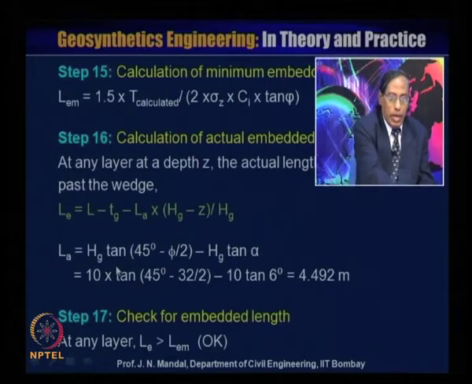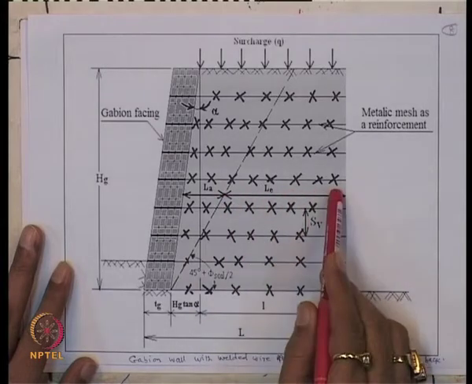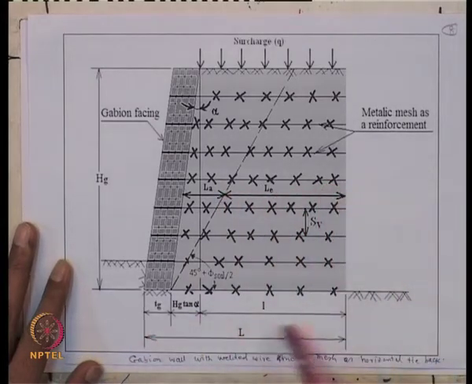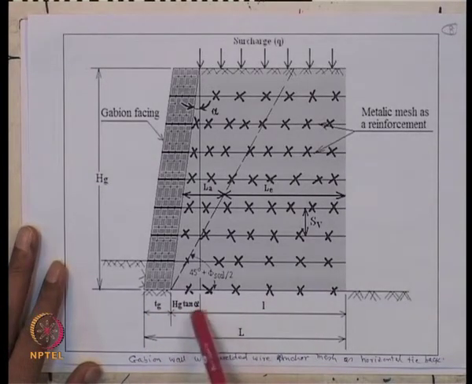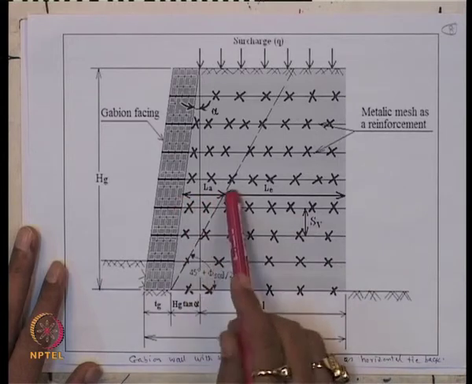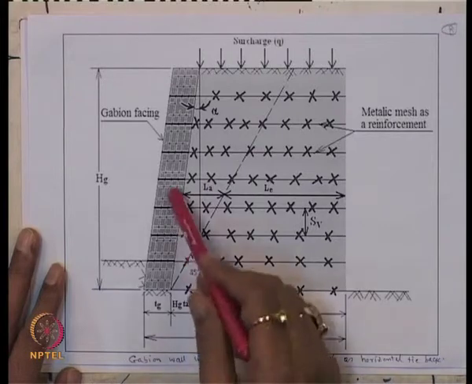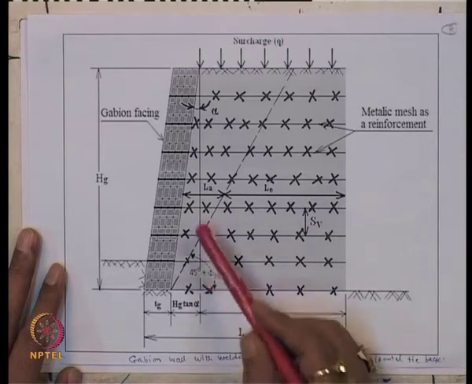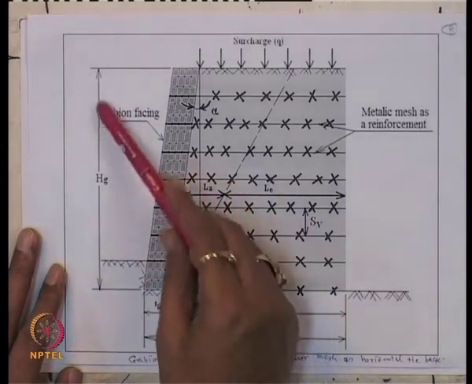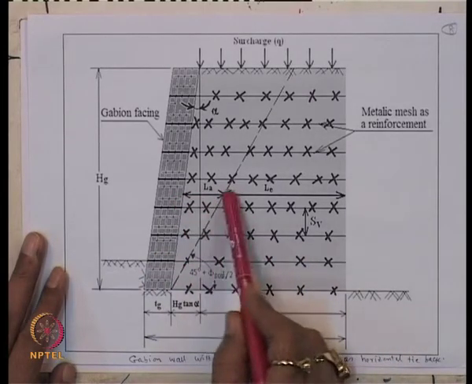So, that means this part is the LE, which is L, minus TG, and then minus LA into (Hg minus Z) divided by Hg at any depth. Hg is the height of the wall and LA is this part LA.